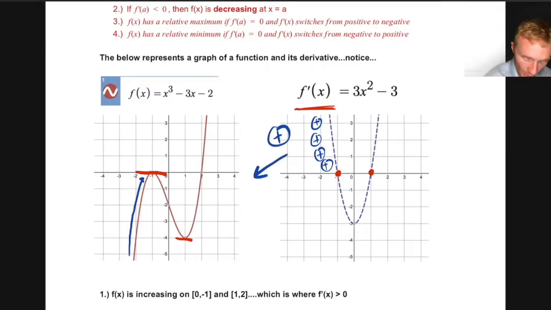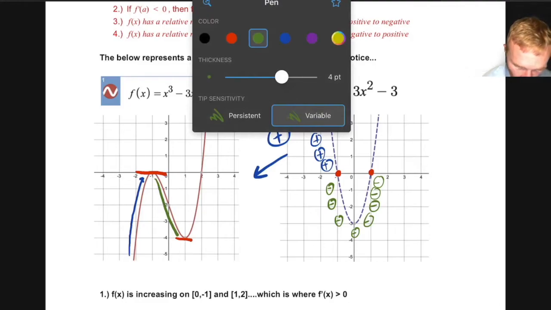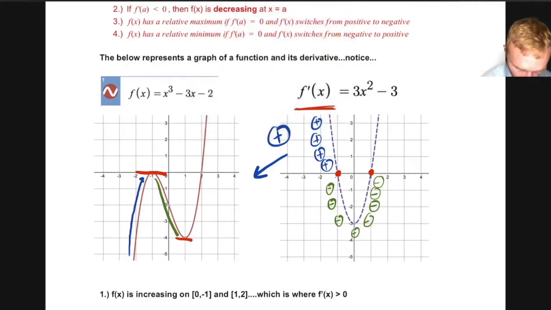And then if you look at next, this function is decreasing all the way to 1. Well, check this out. The derivative is negative from -1 to +1. And then finally, when this function starts heading back up, what colors do I have left? I have gold left.